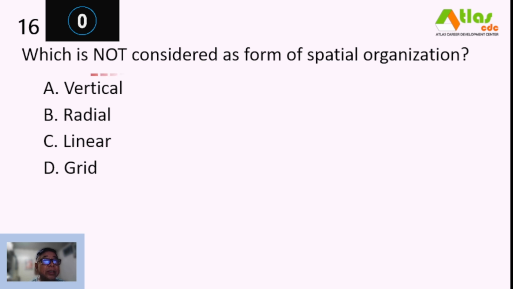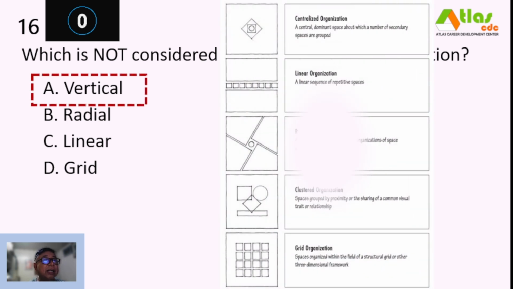And so our correct answer is A. Vertical. And these are the forms of spatial organization. We have centralized organization is a central dominant space about which a number of secondary spaces are grouped. We have linear organization is when a linear sequence of repetitive spaces.